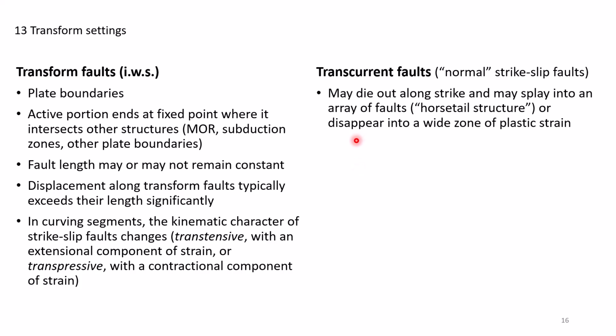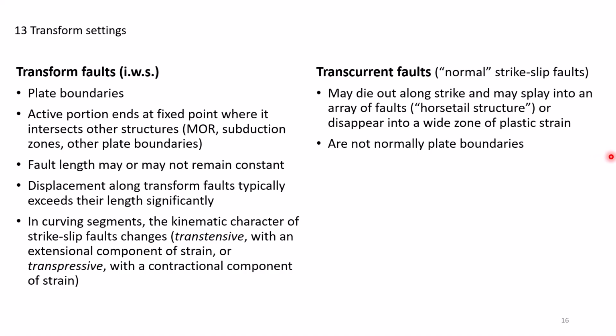Or they might even, depending on crustal depth where they develop, disappear into a diffuse zone of plastic strain, particularly if they form in the lower greenschist facies in the brittle-ductile transition of the continental crust. They are not normally plate boundaries.